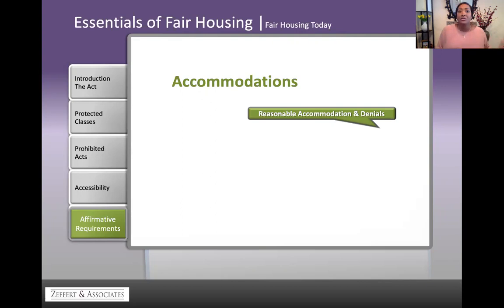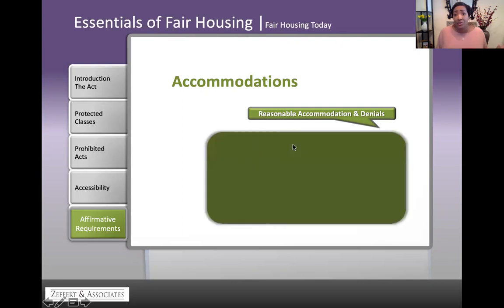We may not be able to do that because it's not reasonable, but here's what we are able to do for you. That is perfectly fine. I do ask that you remember there's no blanket statement, no cookie cutter approach to any case like this. You must be able to dissect that particular request and do your very best to meet it.